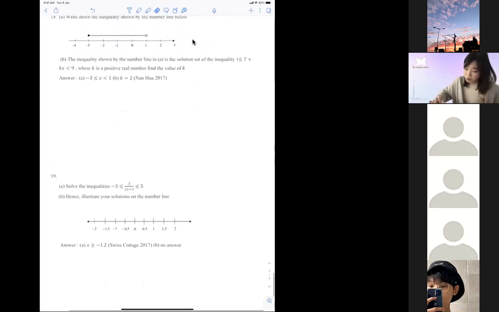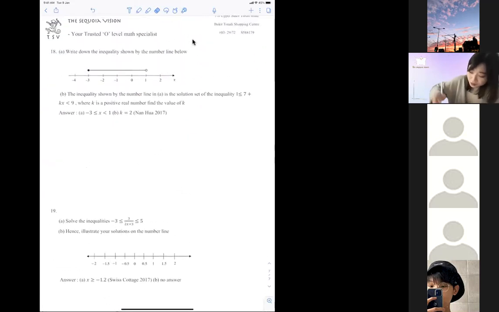So for this one, can you help me put a star? This one is hard because they give you the solution. For this solution, remember, you put X in the middle. 1 is here, -3 is here. This one with the shaded dot, you have an equal sign, okay? And the question is 1.